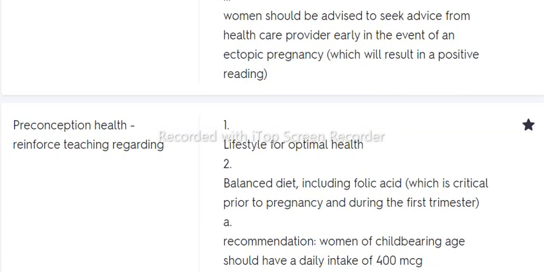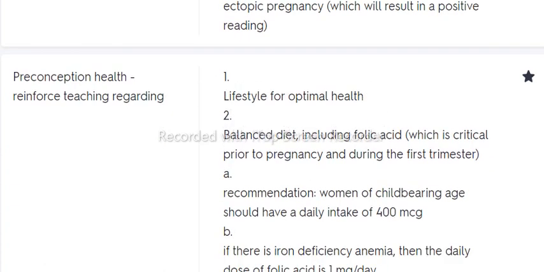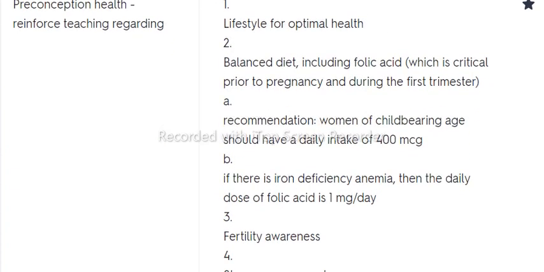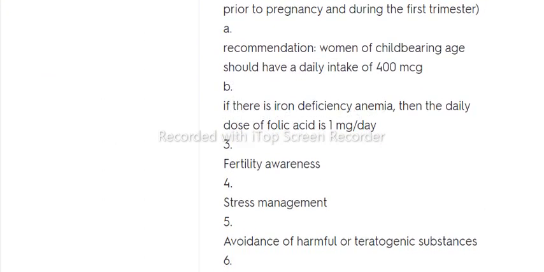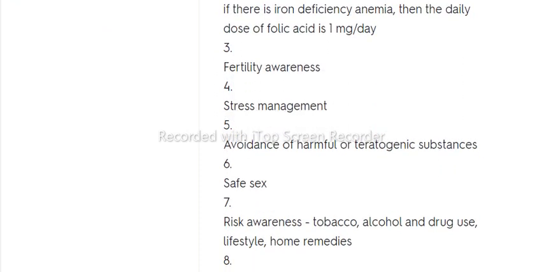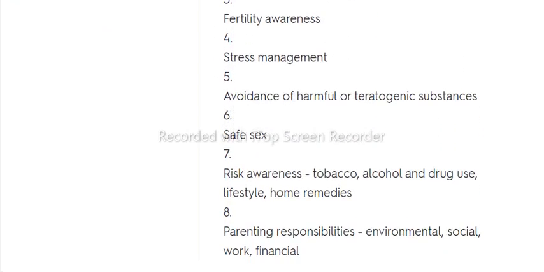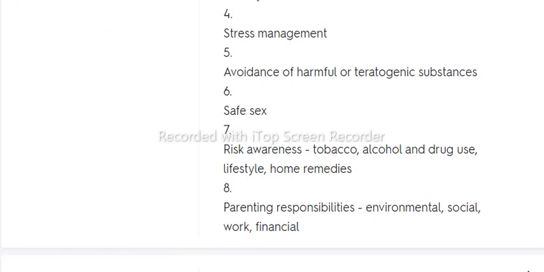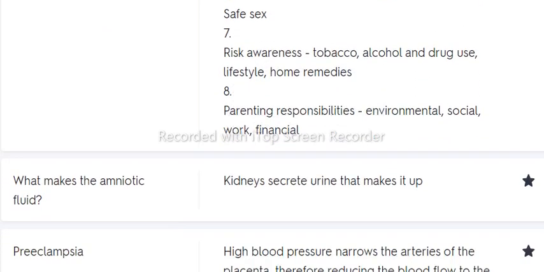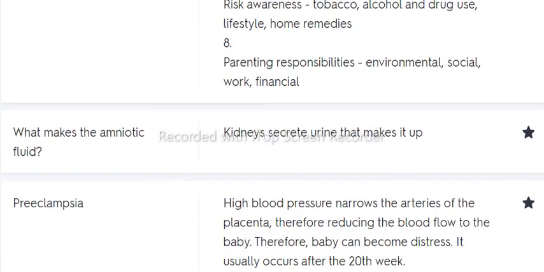Reinforce teaching regarding what makes the amniotic fluid. Kidneys secrete urine that makes it up.